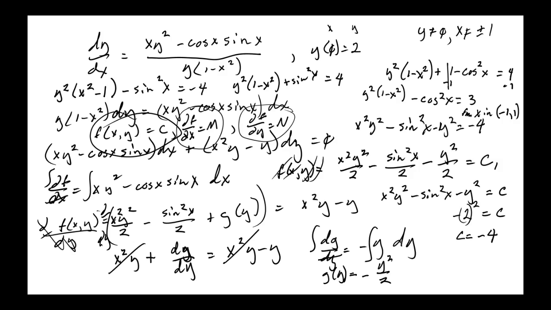Likely, huh? In an attempt to find mu, we turn to the criteria for exactness. That's back on page 65, at the bottom: the partial of M with respect to y, our test. We turn to that.